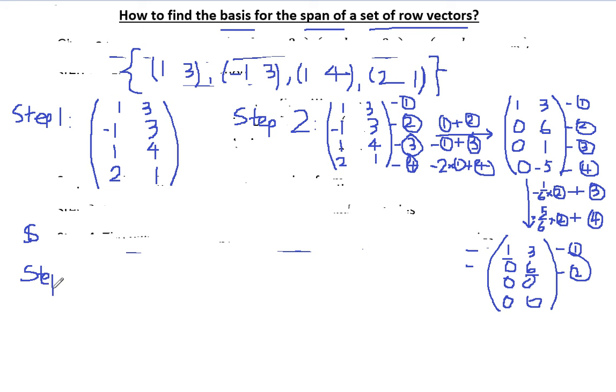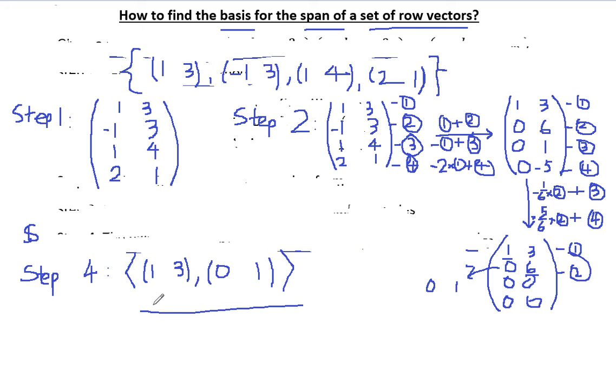The basis can be written as 1, 3, and this one we can simplify as 0, 6, so it becomes 0, 1 because we divide by 6. So it's 1, 3 and 0, 1. This is our basis for the span of the set of row vectors of these 4 vectors.